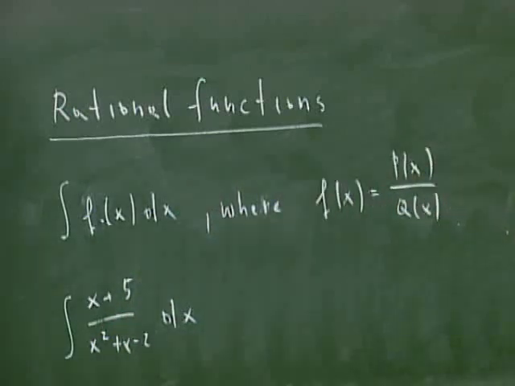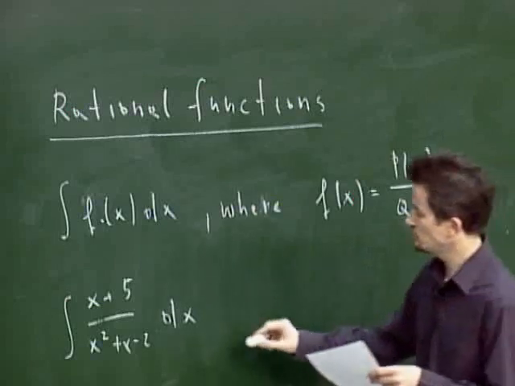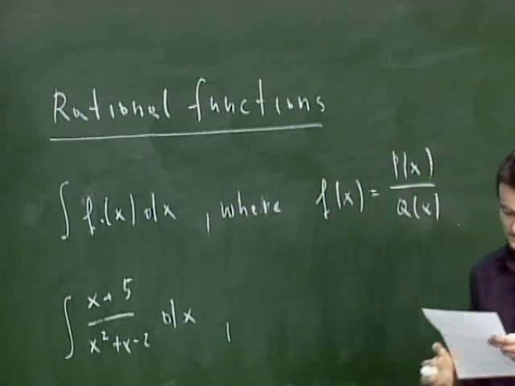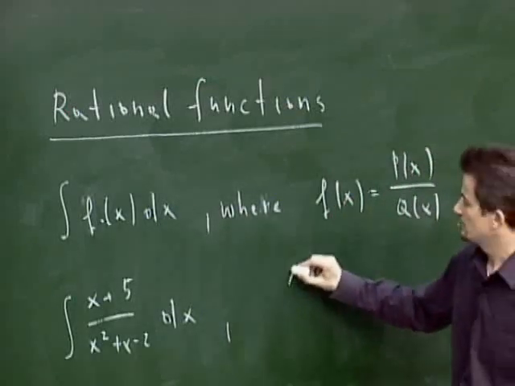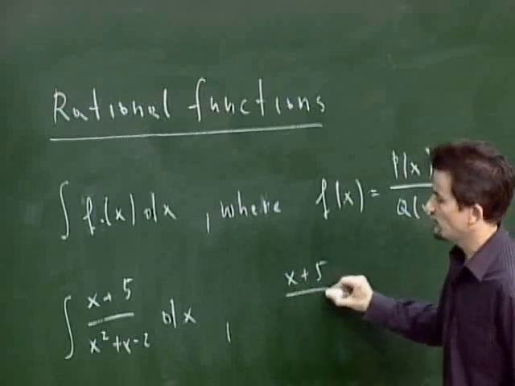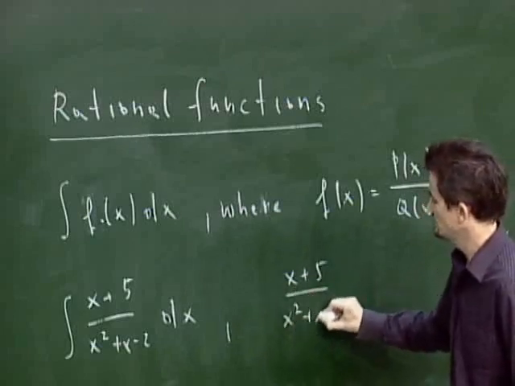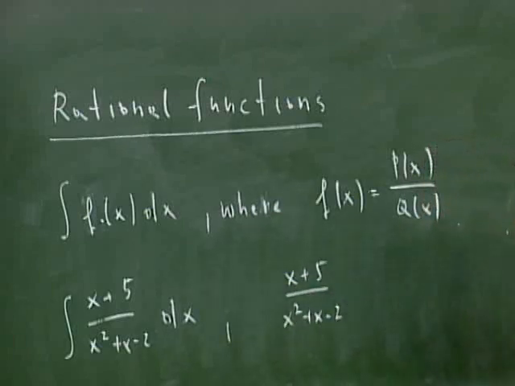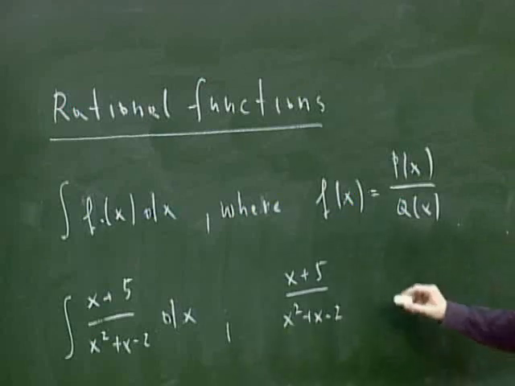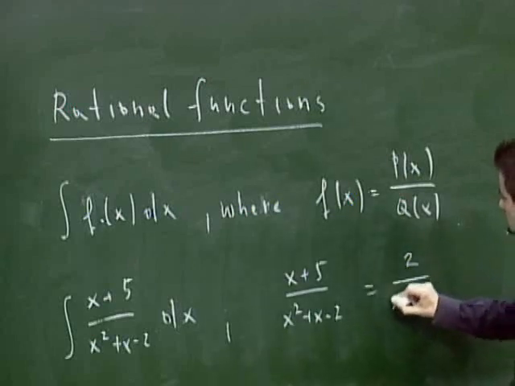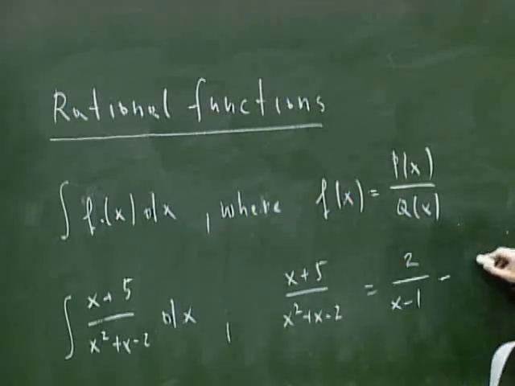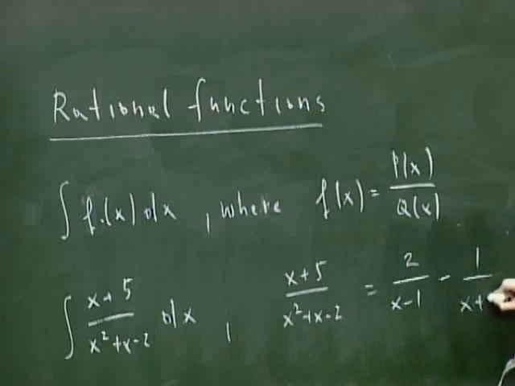Now, the idea behind computing such integrals is a classical one. Namely, the idea is to first look at the integrand and write it as something which is more manageable, more simple. Now, in this case, you can find this representation here.